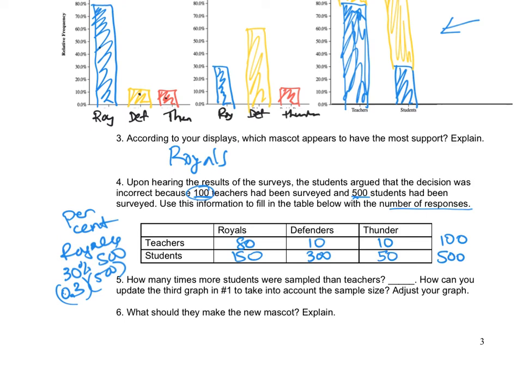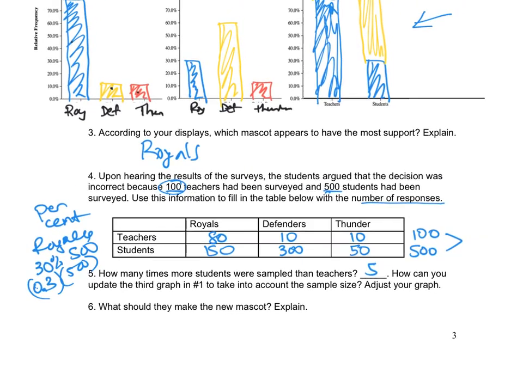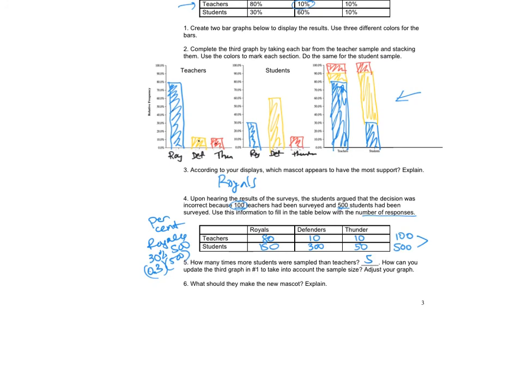So how many more times were students sampled than teachers were sampled? And that is 5 times. They were sampled 5 times as much, 100 to 500. So how can you update the third graph up here to take into account the sample size? Adjust your graph.